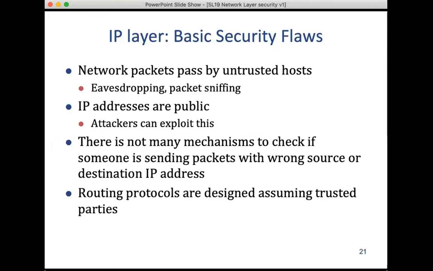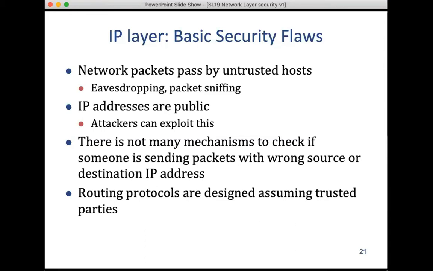Even two-level security, for example, even with Google, it may ask for your mobile number, or when you're doing a banking transaction, it will ask for your mobile number and send an OTP over that. So having IP addresses public is not a good thing. Attackers can always exploit that.